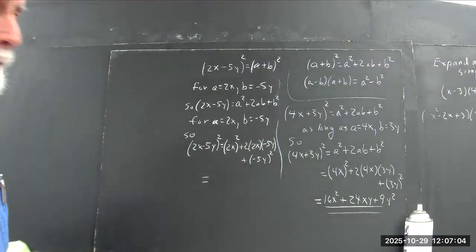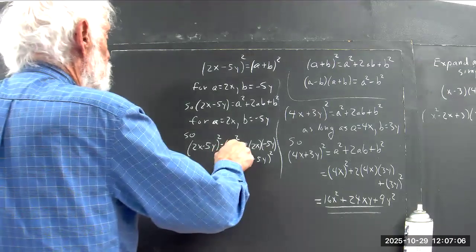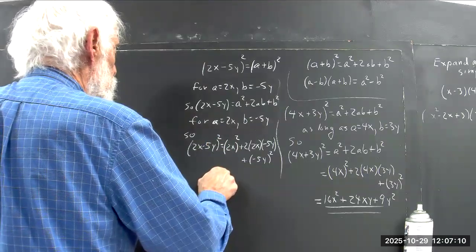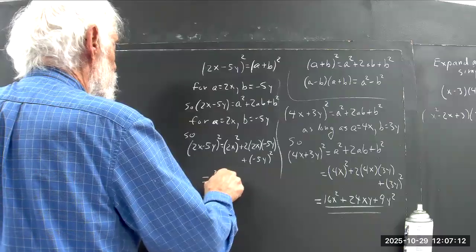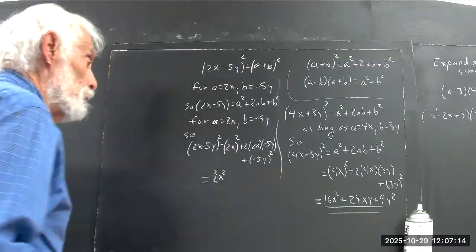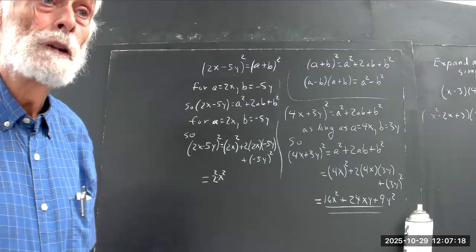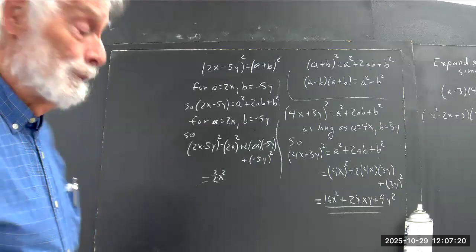Okay. Now, to square 2x, I'm going to use all the rules. That equals 2 squared times x squared. That's rules of exponents, which y'all did real well with a week ago. Okay?